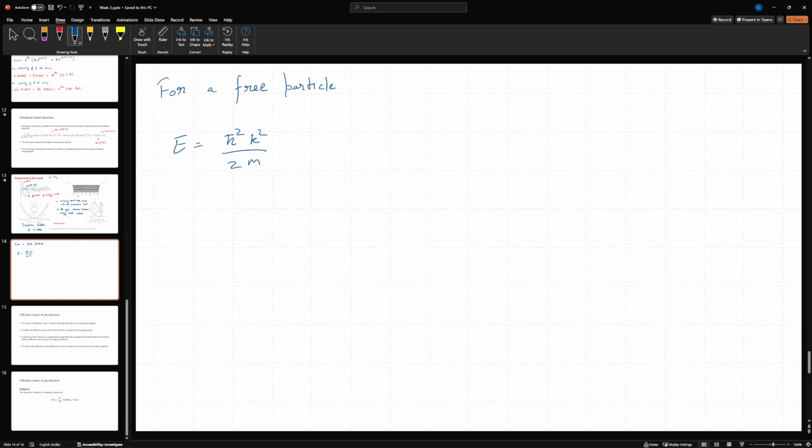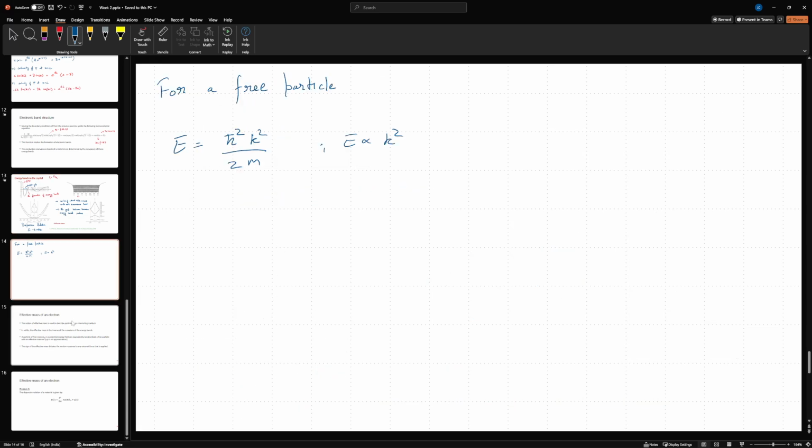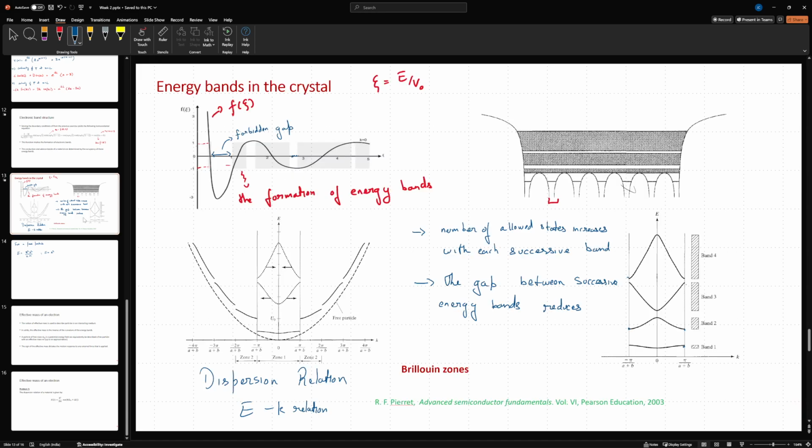So this is the quantity that we know. This is the E-k relation. So E is proportional to k squared, and that is what is represented by this parabola. So this free particle corresponds to E equal to ħ squared k squared upon 2m.